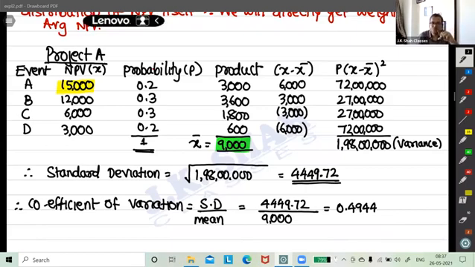Sorry, I didn't get you so much. Instead of writing P, you want me to write F, frequency.